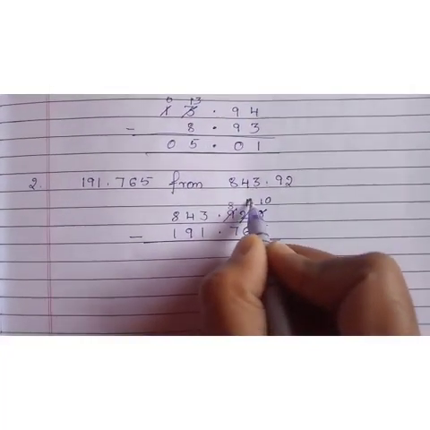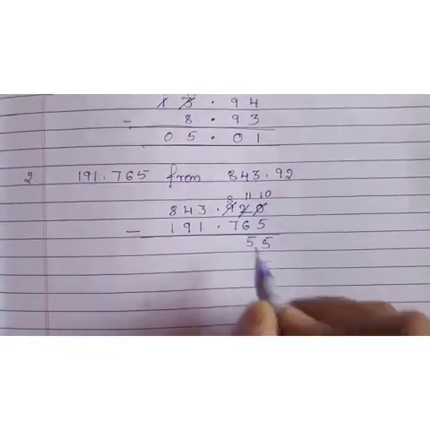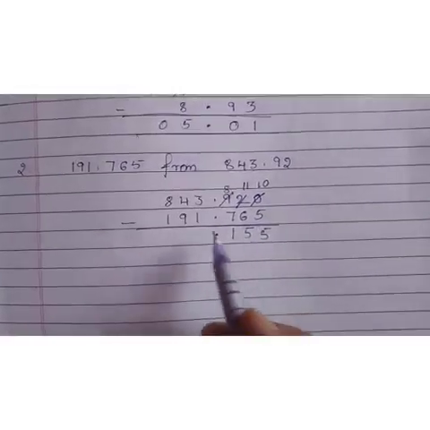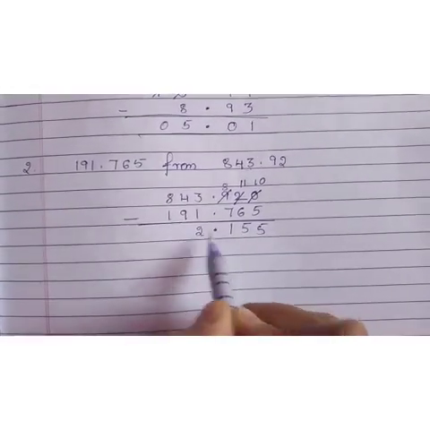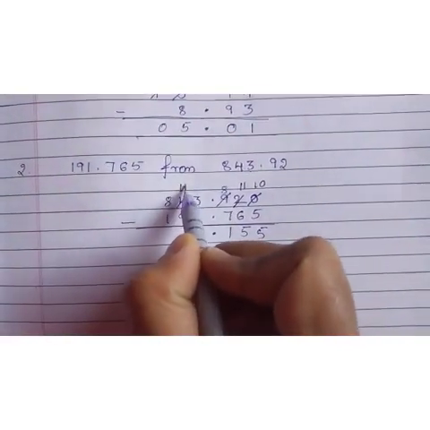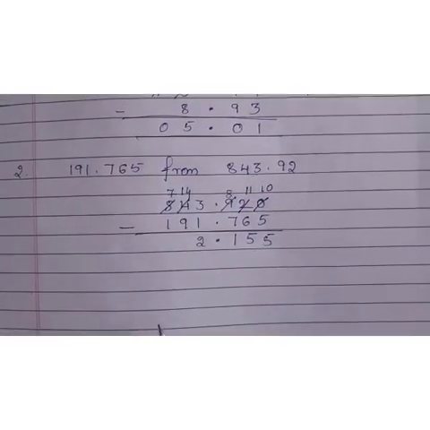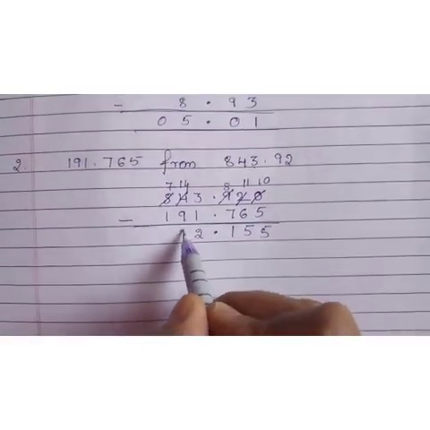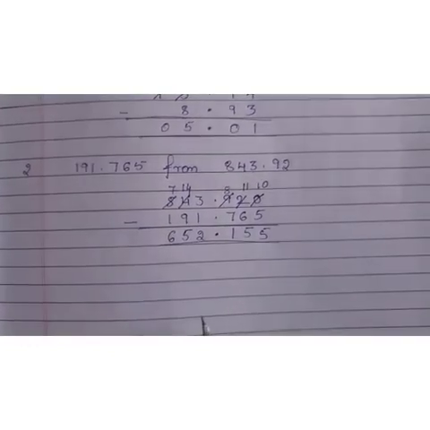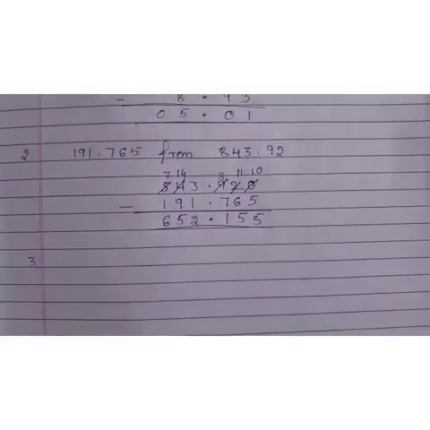You will borrow from here and this becomes 11. 11 minus 6 you get 5. 8 minus 7, 1. Place the decimal point. 3 minus 1 is 2. Next, from 4 can you subtract 9? No. So it becomes 14 and when you borrow it becomes 7. 14 minus 9 you get 5 and 7 minus 1 you get 6. So the answer is 652.155.